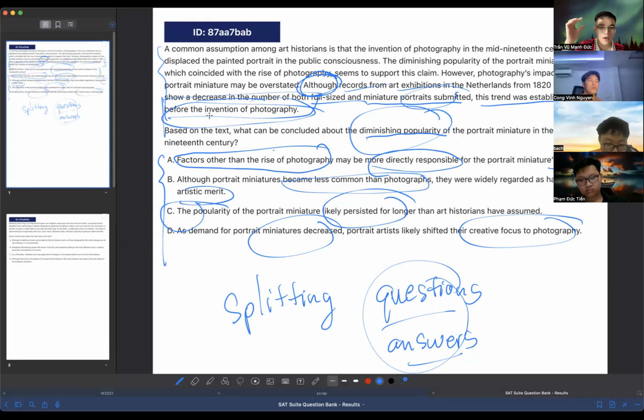So you know that photography is not the sole reason, the sole causation of the decline in miniature portraits. So which one of the four talks about photography is not the reason? Can anyone guess? Which one is about photography is not the only reason?